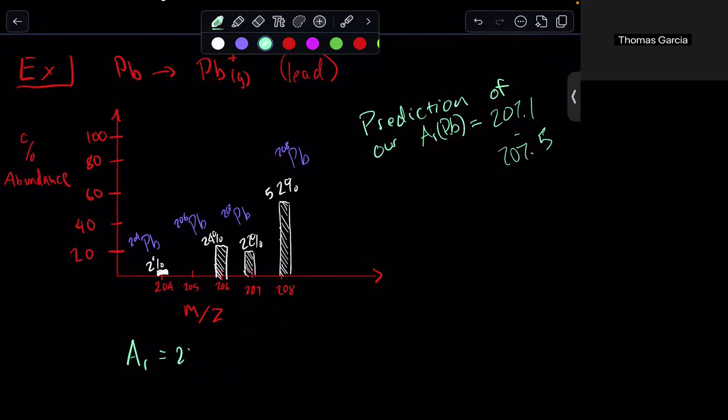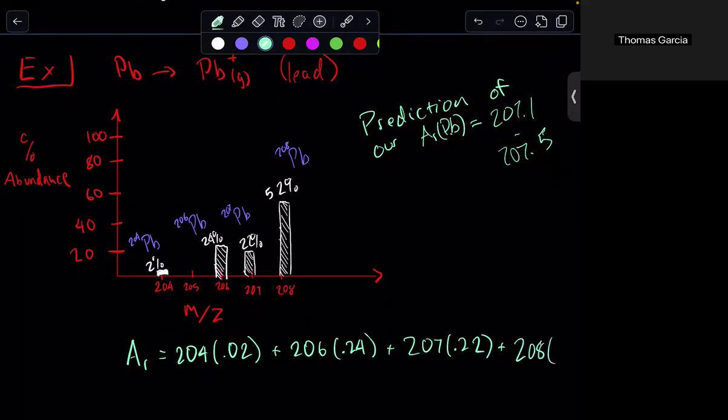I take the mass of each isotope and multiply it by its percent abundance. Now, when you convert percents to numbers, you pretty much divide by 100. So we're going to add 206 times 0.24 plus 207 times 0.22 plus 208 times 0.52.